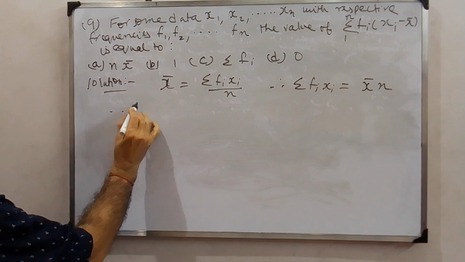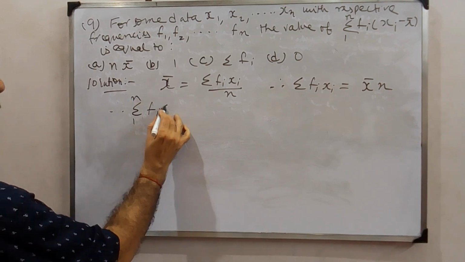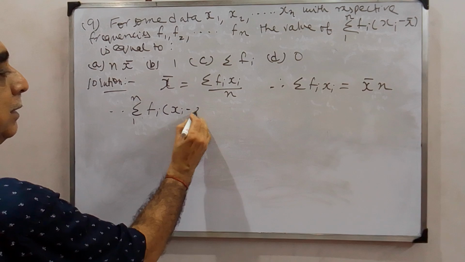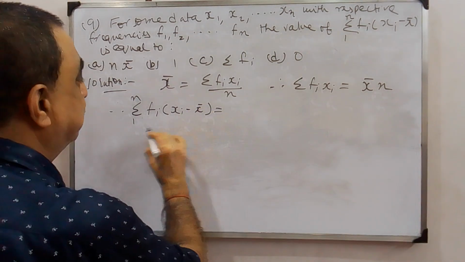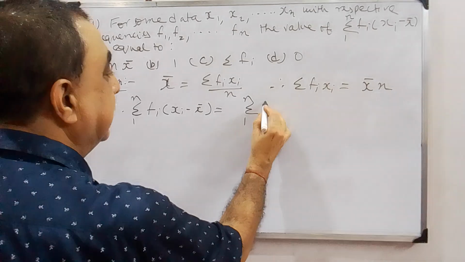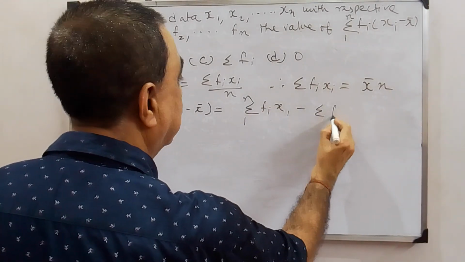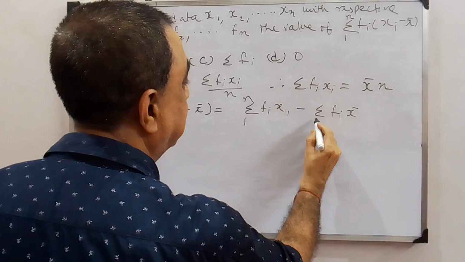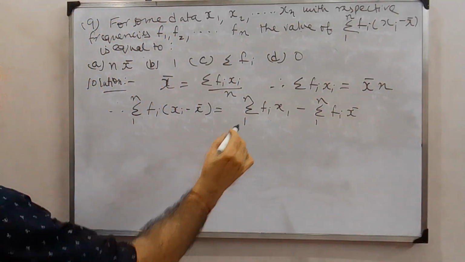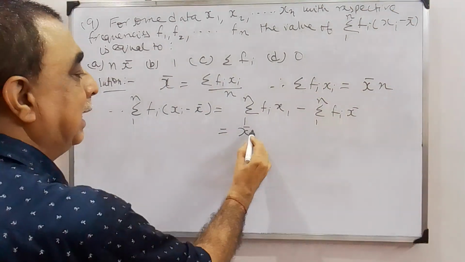Therefore summation i equals 1 to n of fi multiplied by (xi minus x dash). Break it up into two parts. So this becomes summation fi xi minus summation fi x dash, from 1 to n. The first value I have shown is equal to x dash n.